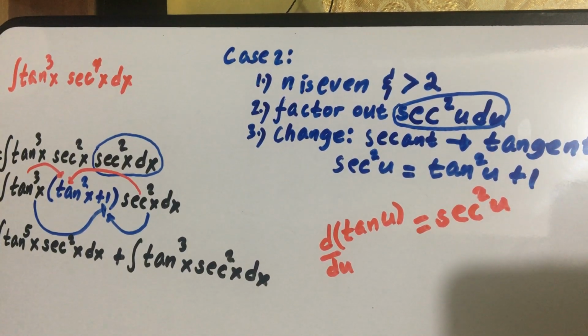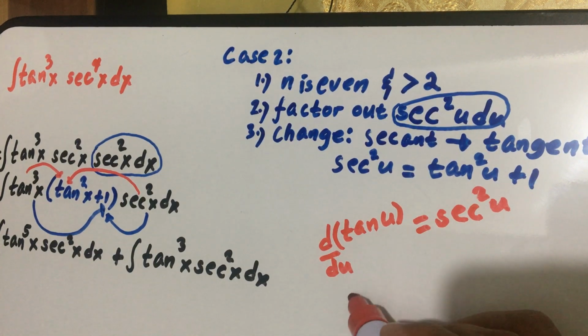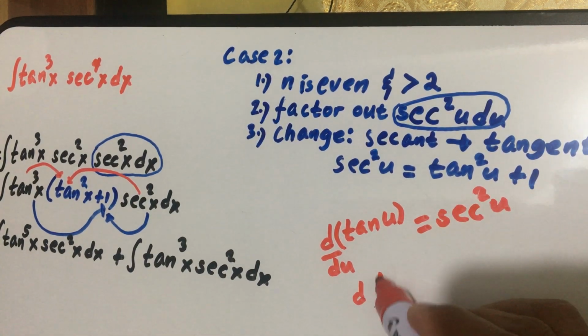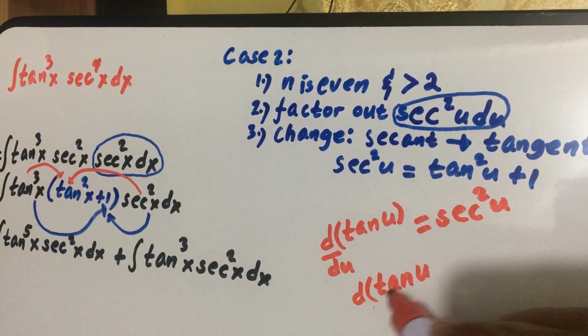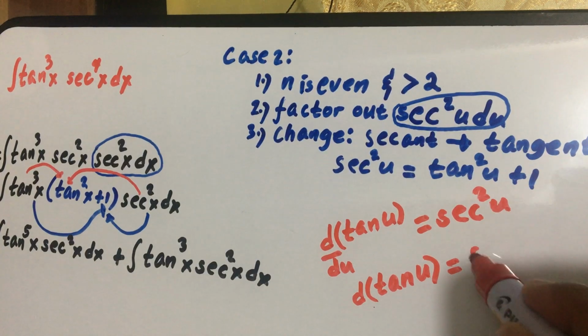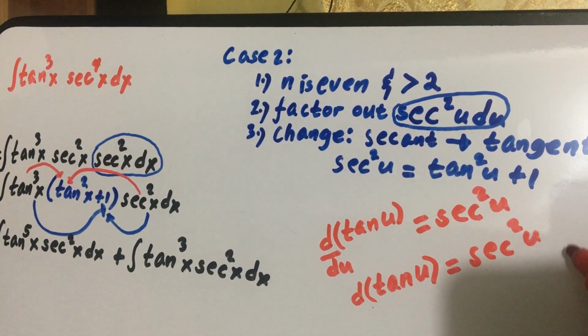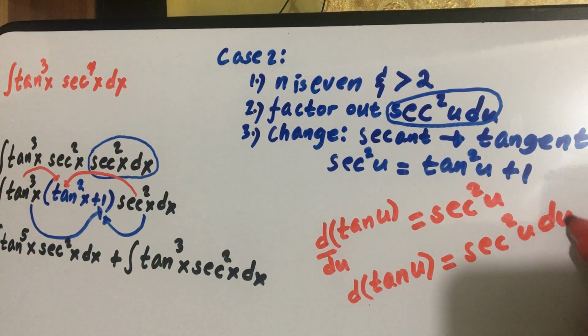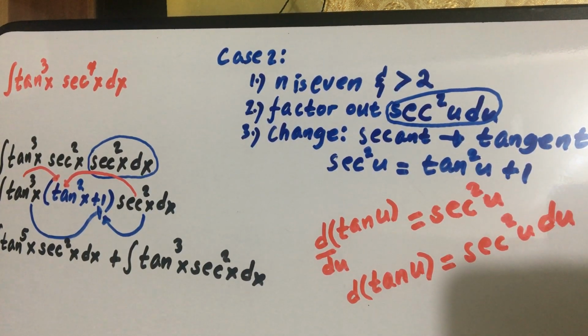Then multiplying both sides by du, we have the differential of tangent u equal to secant squared u du. We are going to use that formula.